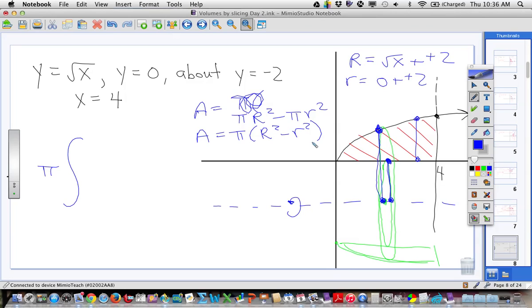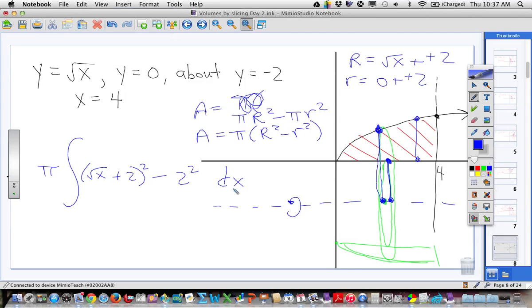Okay? And then, when I put it into my integral, I can just pull the pi out in front, and now I can do big R squared, so root x plus 2 squared minus little r squared, right? It'll look like that. So what I'm doing is my pi big R squared minus pi little r squared. Let's pull the pi out. You got big R squared minus little r squared.